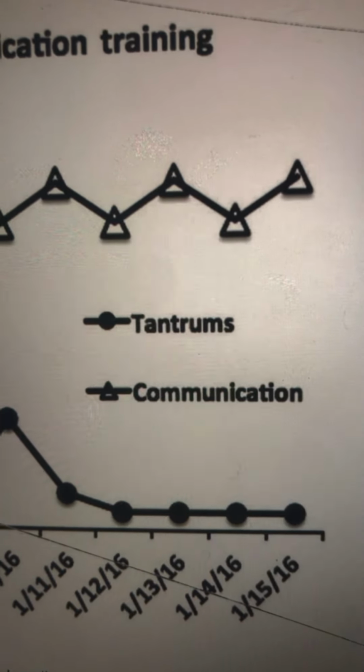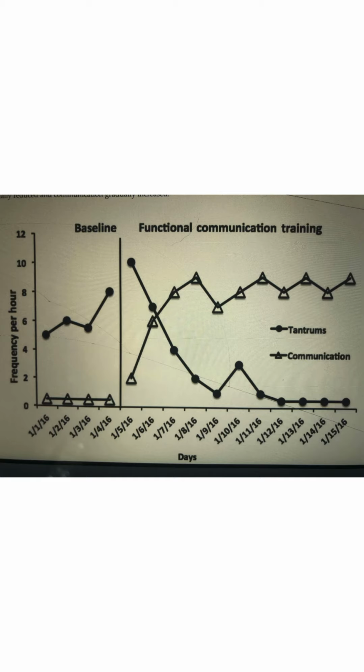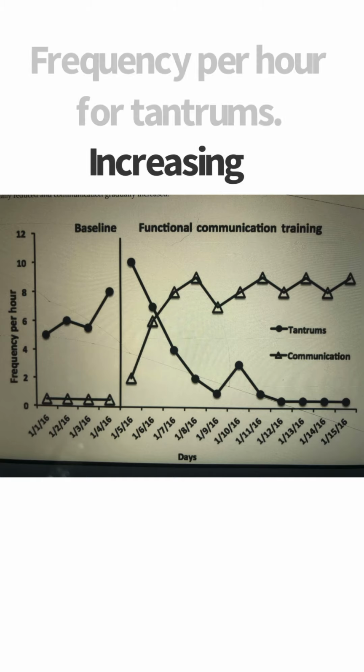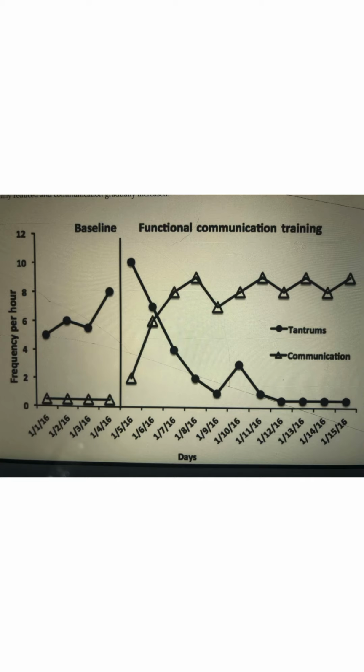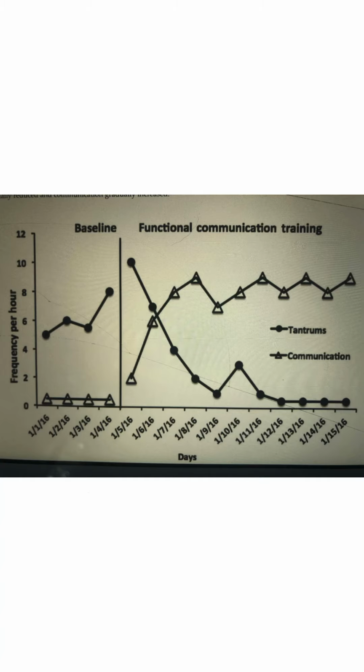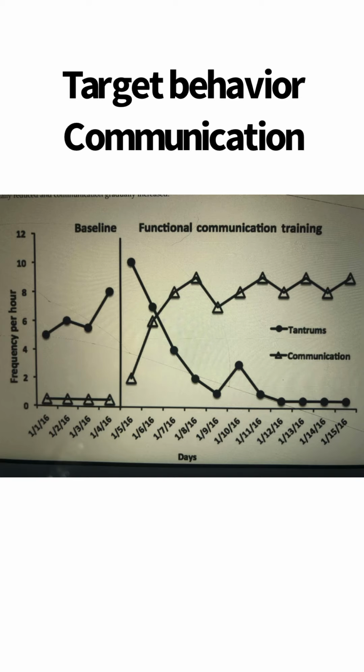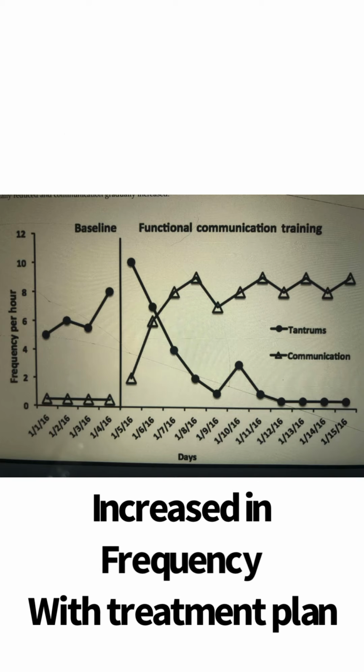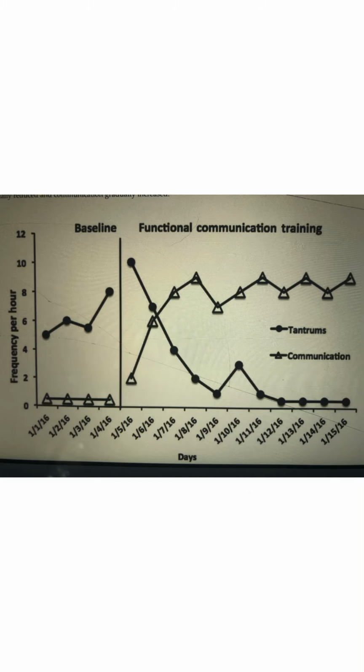The graph results show that the frequency per hour was increasing until this treatment began for the behavior of tantrums, and on the 5th of 2016 it began to go down with less frequency per hour. We can see as well that the communication, which began with treatment, went from 0 frequency per hour all the way up in time each day to almost 10 frequency per hour.